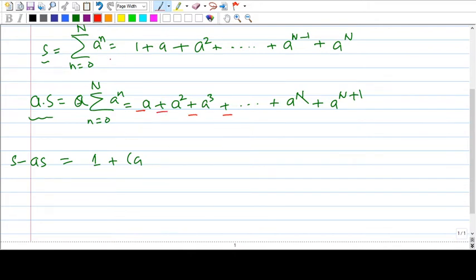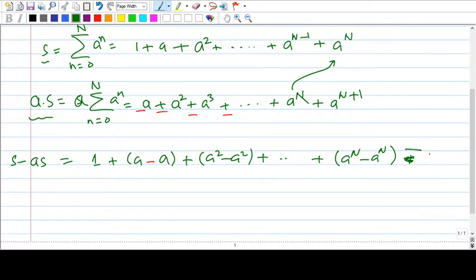So this shall become minus, and then we got alpha here, plus alpha square minus alpha square, plus up to plus alpha power n minus alpha power n. And now you can see this term is subtracted from this term, and what we are left with is this term, right? So instead of plus, this shall become minus alpha power n plus 1.